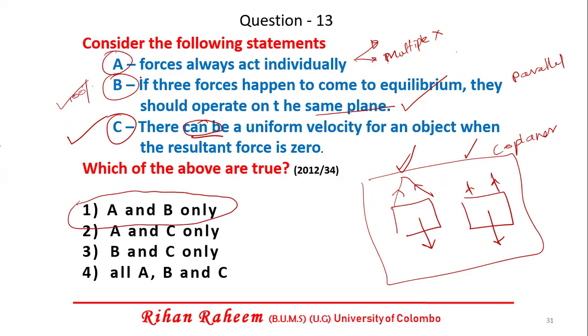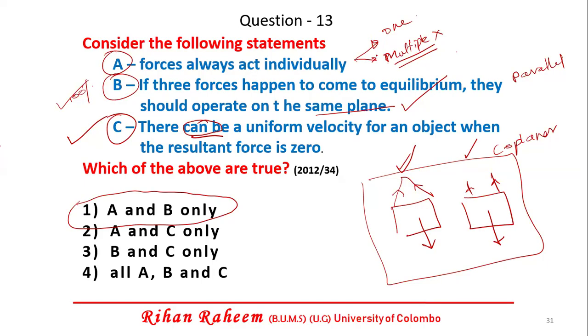First one, forces acting individually. This is correct for one force. But if there are multiple forces, they get together and decide and move towards only one direction. So they don't act individually, they act collectively.